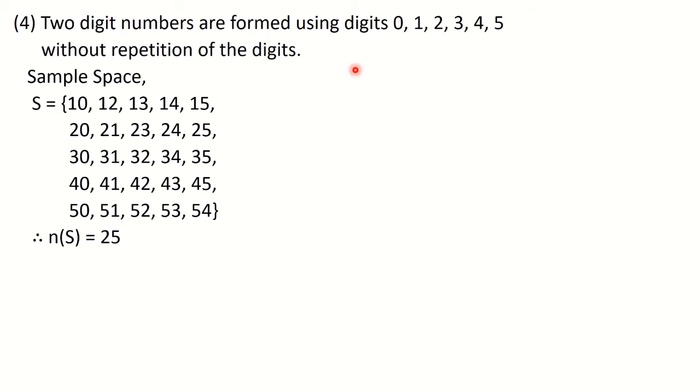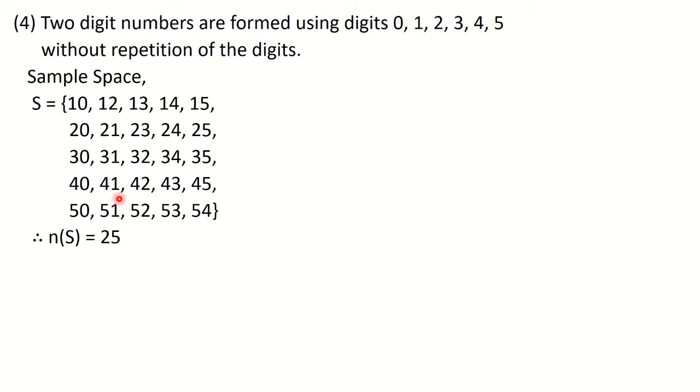As I have said, you start from 1: 10, 12, 13, 14, 15. Then go for 2: 20, 21, 23, 24, 25. Then from 3: 30, 31, 32, 34, 35.